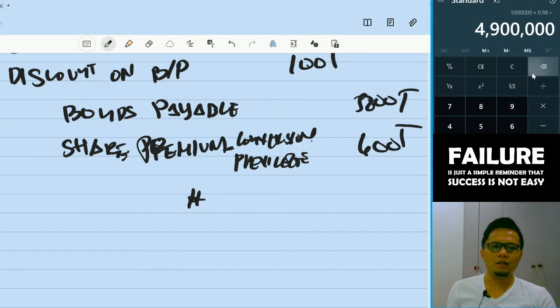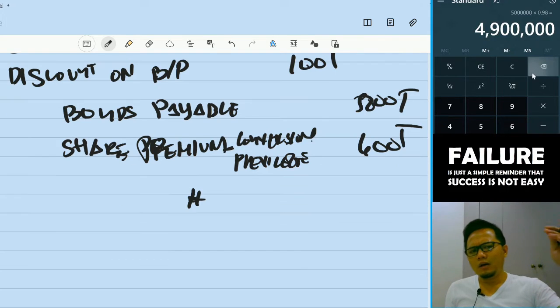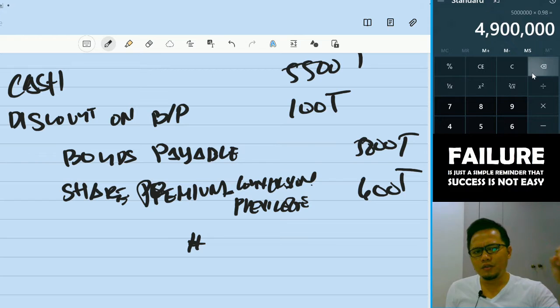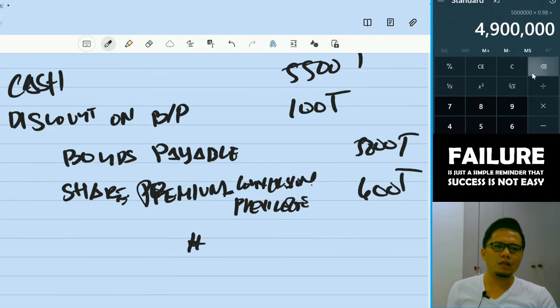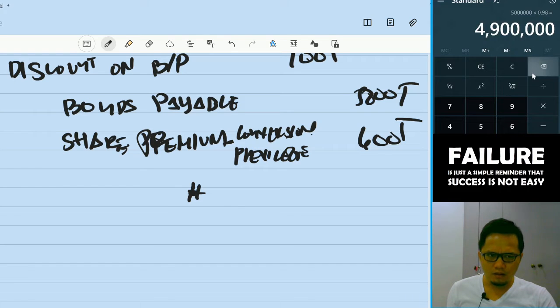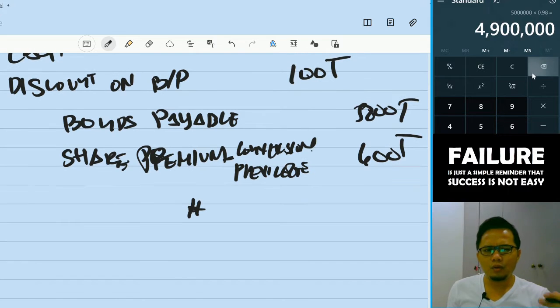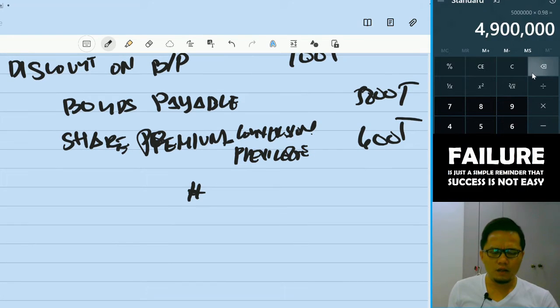Doon lang yung diferensya natin. However, pagdating na sa amortization of the premium or discount or sa interest payment, same na yan siya lahat, same as if pure bonds payable na siya.